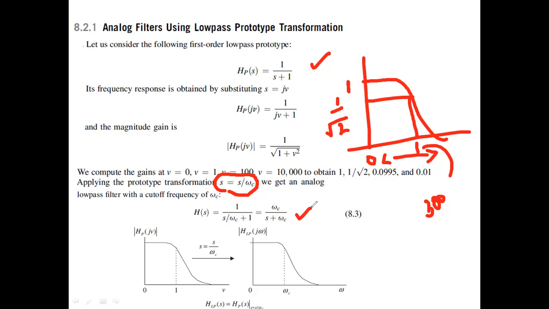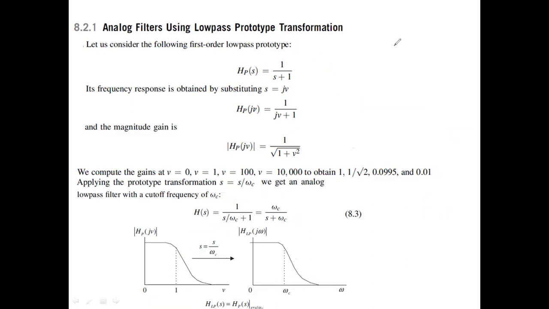But remember, order is 1. To change the cutoff frequency from 1 to whichever omega C, you have to replace your S by omega C.